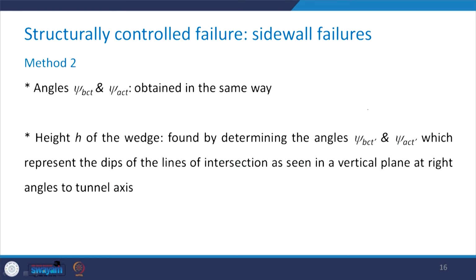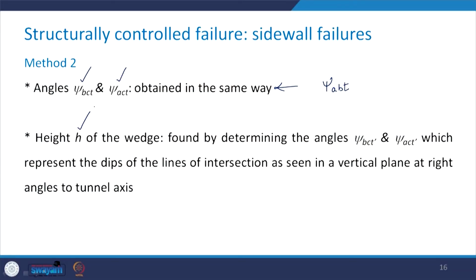As I mentioned, psi BCT and psi ACT can be obtained in the similar way as you obtained psi ABT. Now how to determine this height h of the wedge?